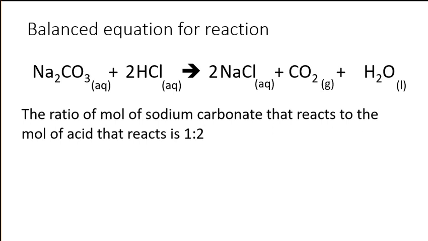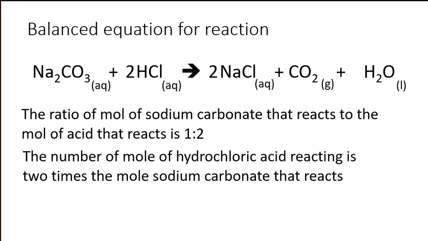The ratio of mole of sodium carbonate that reacts to the mole of acid, that stoichiometric ratio, is 1 to 2. The number of mole of hydrochloric acid reacting is 2 times the number of mole of sodium carbonate that reacts.